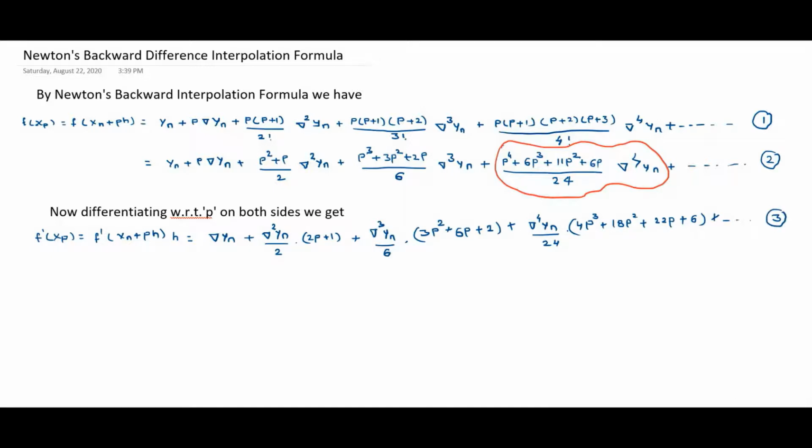So this is called the first differentiation interpolation formula. Now similarly, you have to differentiate again with respect to p.